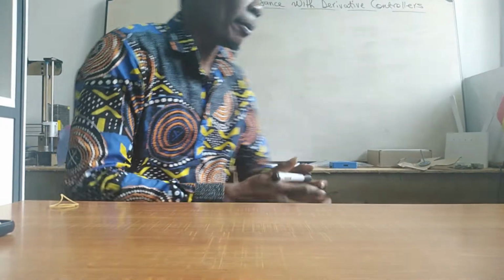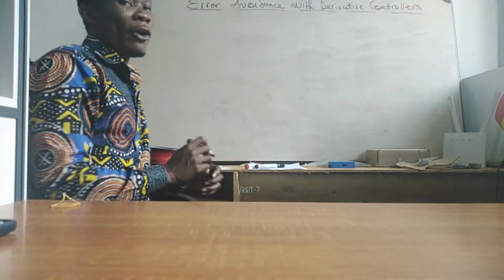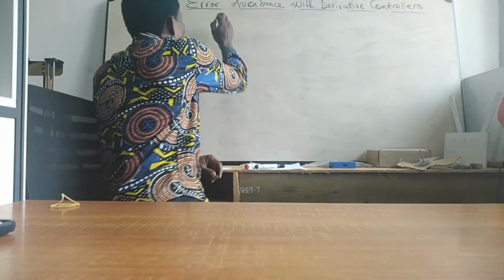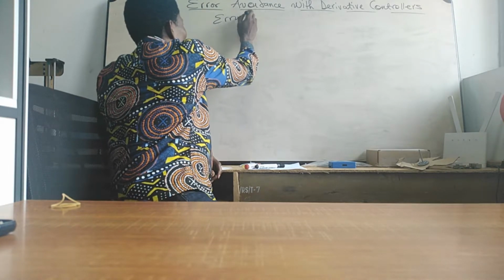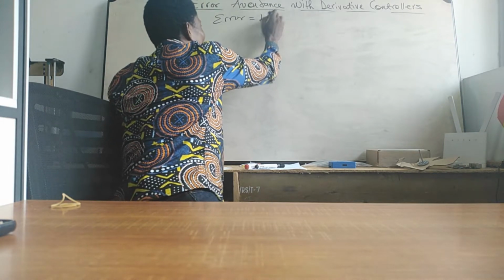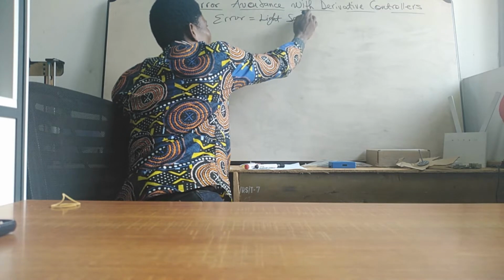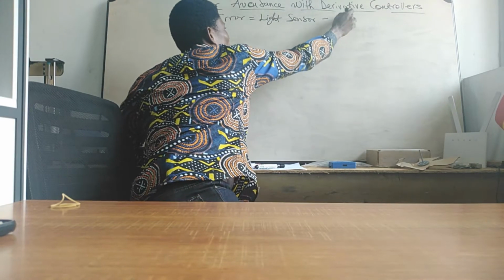So a quick recap. For our error detection and correction robot, we came up with an error formulation where error was our light sensor reading minus 50.